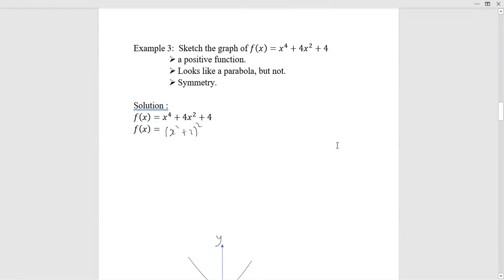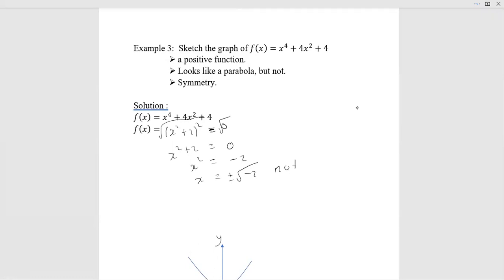We have to find zeros. For that, we set this to 0. If you get the square root on both sides, we get x squared plus 2 equal to 0. Square root of 0 is 0. We get x squared equal to negative 2. Then x equals plus minus square root of negative 2, which is not real.